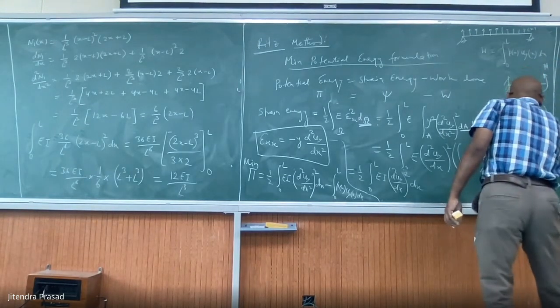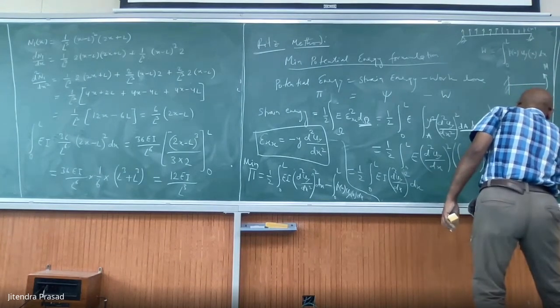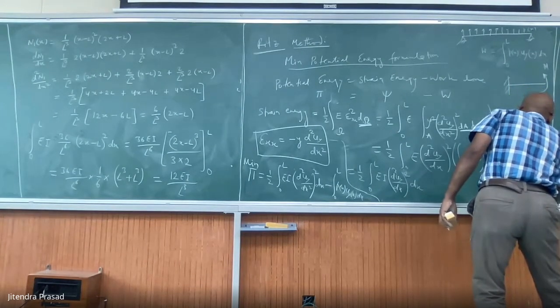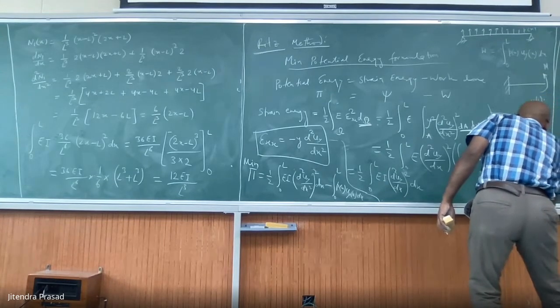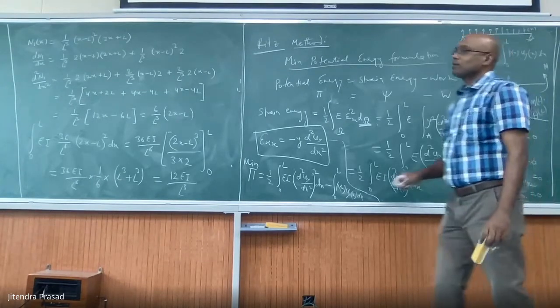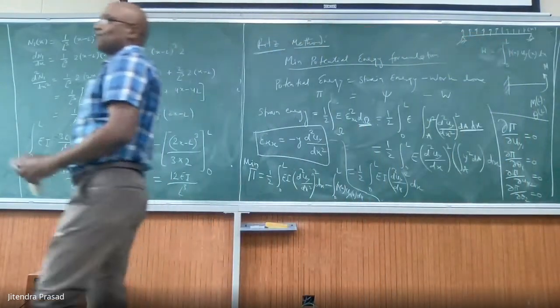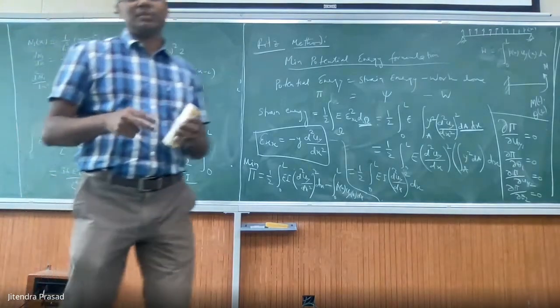Similarly, del pi over del theta1 is equal to 0, del pi over del uy2 is equal to 0, del pi over del theta2 is equal to 0. You will have 4 equations, and then you solve, and you get the 4 coefficients, and that gives you the expression for uy. So this is how you do it.